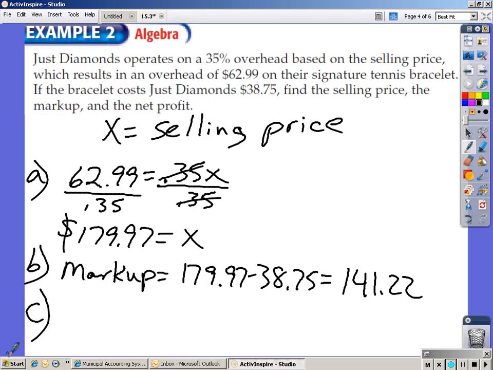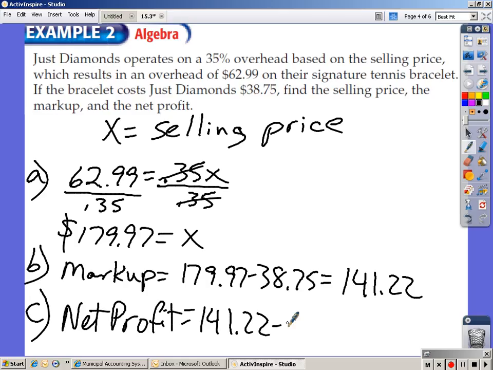Part C wants us to find the net profit. The way you find net profit is by taking the markup. Net profit's going to be markup of 141.22 minus your overhead, and the overhead is $62.99. You get $78.23 for your net profit.